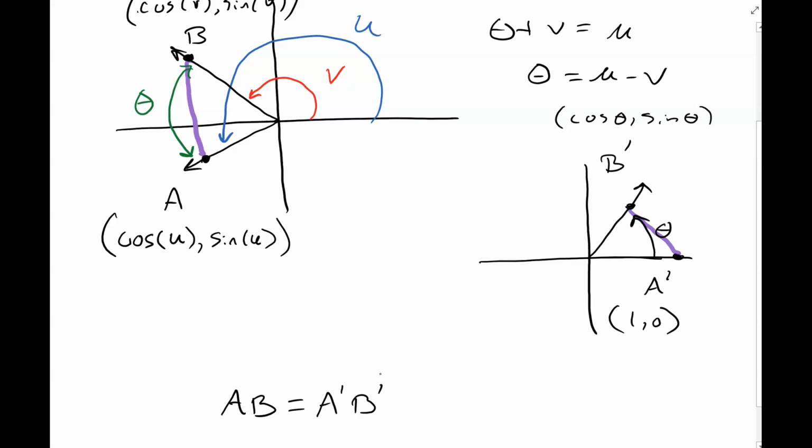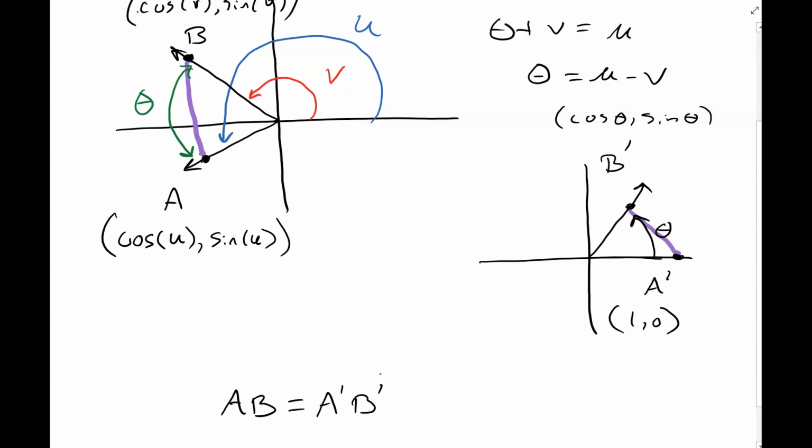They have to be equal, right? If that angle theta is the same size in both drawings, the length of that segment from points A to B has to still be the same. Does that make sense to you guys?